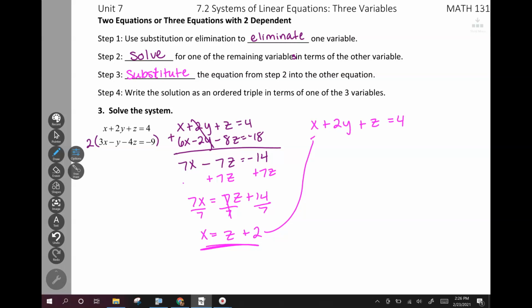And I'm going to substitute this in for x, because it says x equals, so I substitute it in for x. So then I have z plus 2 plus 2y plus z equals 4. Just replaced that x with z plus 2. Combine like terms. And I'm going to subtract my 2 over.